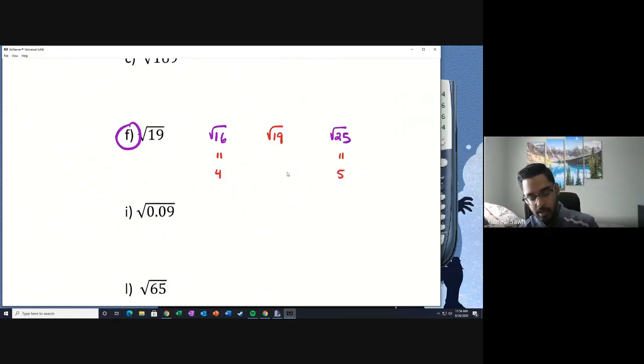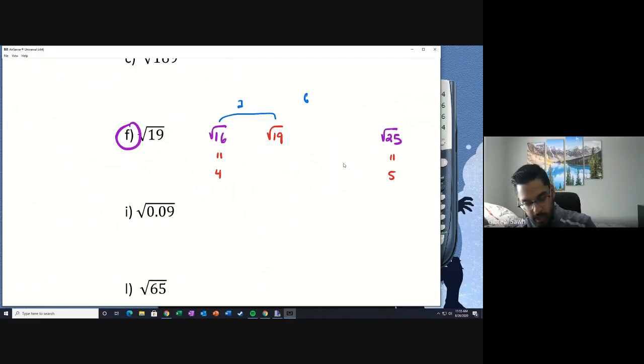Now, if I look at how far the 16 is away from 19, that's 3 numbers, 17, 18, and 19. But if I look at that in the case of 19 to 25, that one is 6 numbers away. There's a bigger gap in between 19 and 25. So to really illustrate that point, I'm just going to move this over.